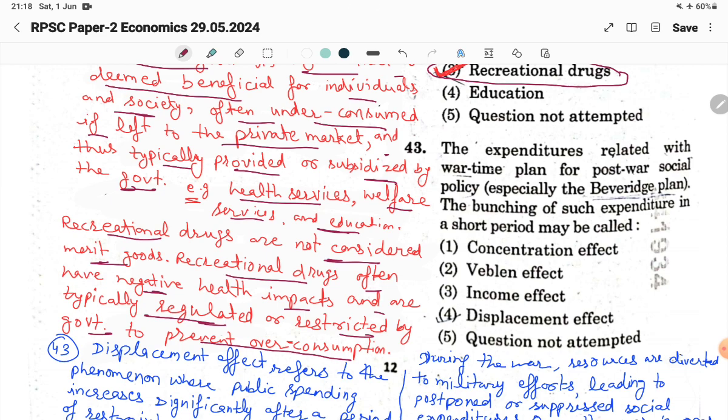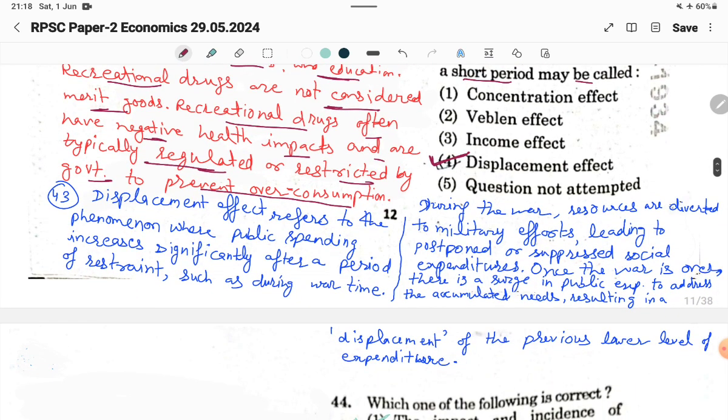And now the next question: the expenditures related with the wartime plan or post-war social policy, especially the Beveridge plan. The bunching of such expenditure in a short period may be called displacement effect, which will be the right answer here. Here is a little bit of explanation. Displacement effect refers to the phenomenon where public spending increases significantly after a period of restraint, such as during wartime.